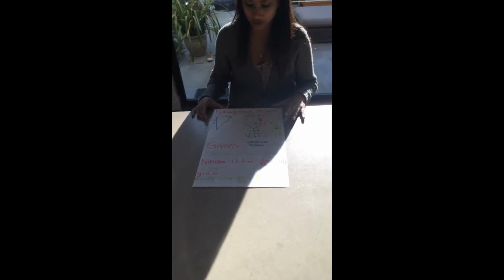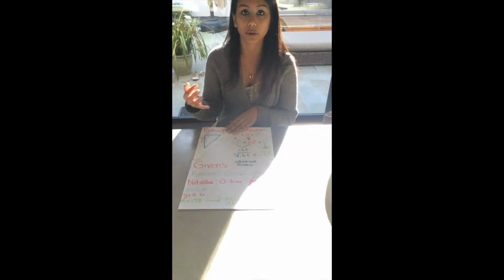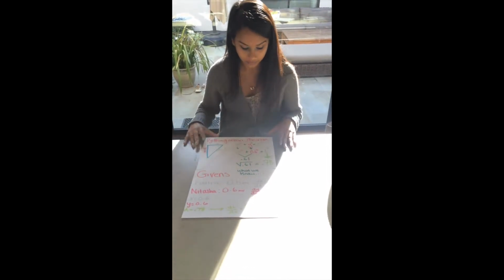So if we want to use the Pythagorean theorem, which is a geometry concept, you have one value, which is 0.5, and then you have the other value, which is 0.6. If you don't know the diagonal, which is technically c, you'd say a squared plus b squared equals c squared, or you could say x squared plus y squared equals L squared, or whatever variable you want to use for the diagonal.